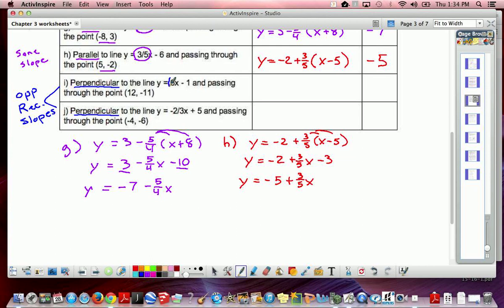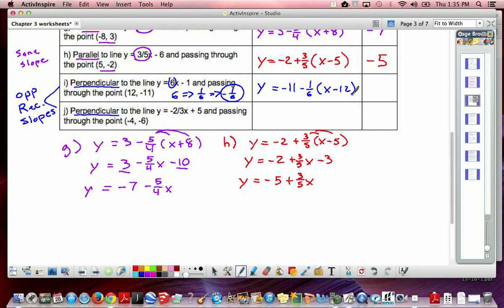So when my slope here is originally 6, if I flip 6, I get 1/6. If I make it negative, my new slope will be negative 1/6. So y equals, my y-coordinate is negative 11, then it's minus 1/6 x minus 12.